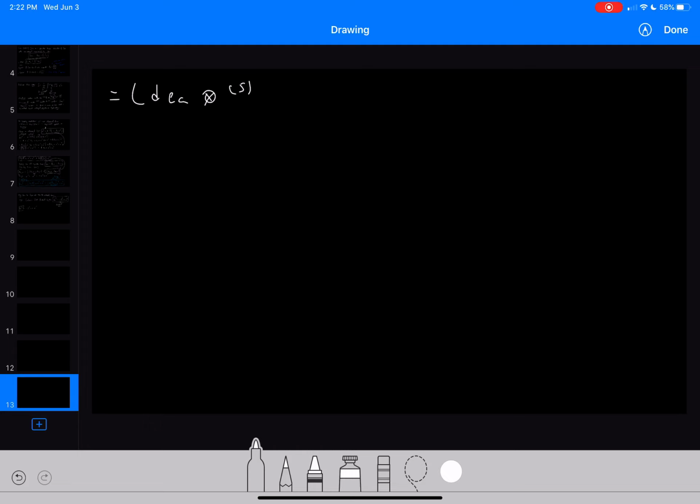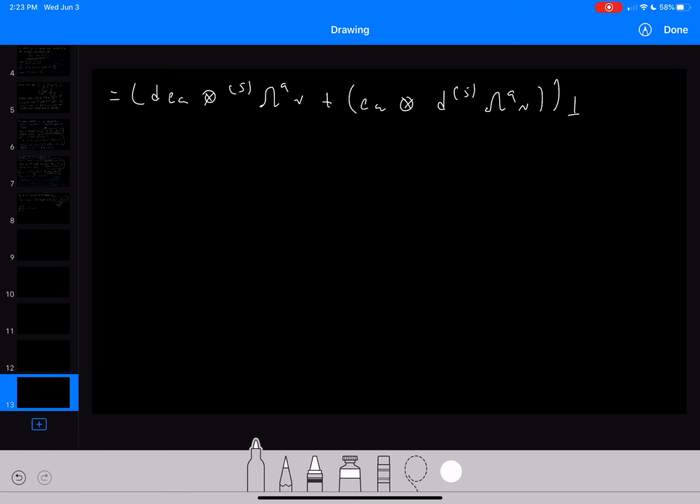It's the same product rule: derivative of the first times the second plus the derivative of the second times the first. So now I will take the exterior derivative of the first. It's exactly the same idea.